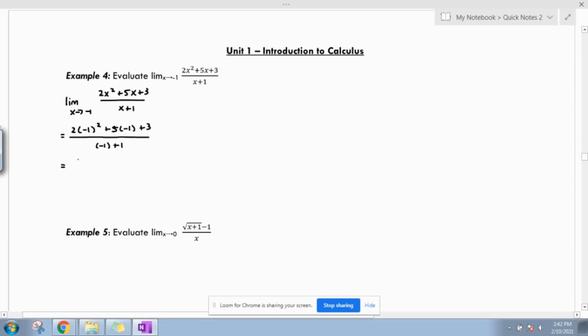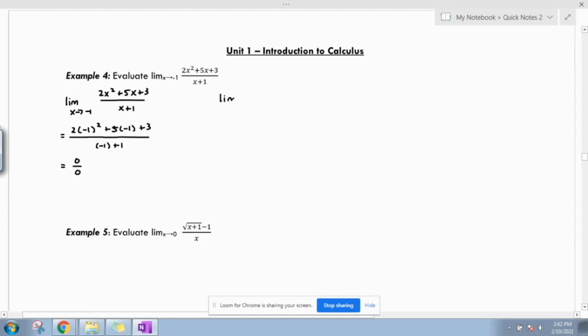In that particular case, we do end up getting 0 over 0, which is the indeterminate form, which we don't like. So we're going to have to see if we can do something to make this possible. I notice that this is very similar to example 3, so I'm going to think about whether maybe I can factor here.